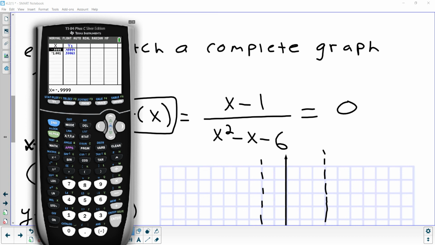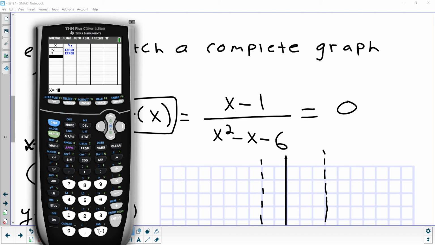We know that the vertical asymptotes were -2 and 3. Don't plug in -2 and don't plug in 3. It's not going to work. You get an error. But let's plug in a number that's to the left of -2, just barely. What's an x value that's a little bit smaller than -2, but extremely close to it?